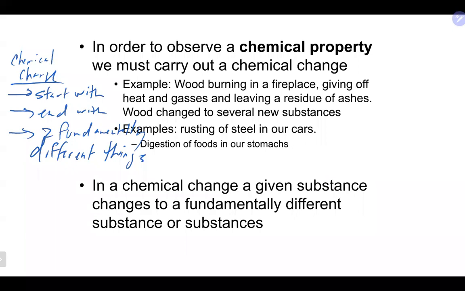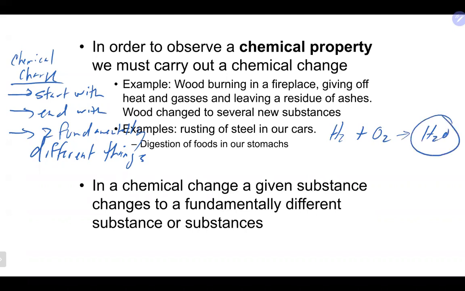The other important part of that is you cannot get back the original substances by any type of physical means. You can't freeze it, you can't boil it, you can't filter it and get back the original substances. So for example, when we take hydrogen gas plus some oxygen gas and we get some water that is formed, you could do whatever you like with the water.